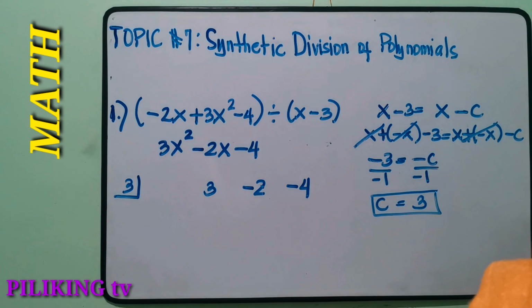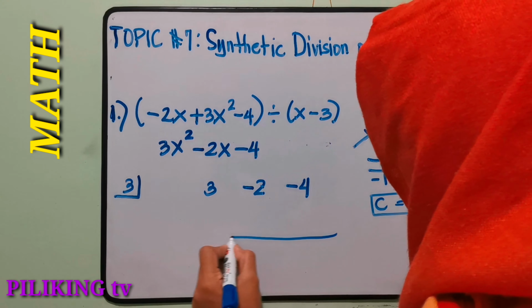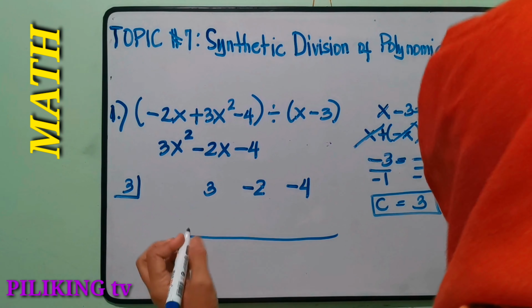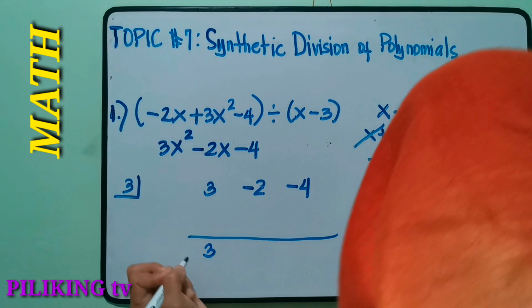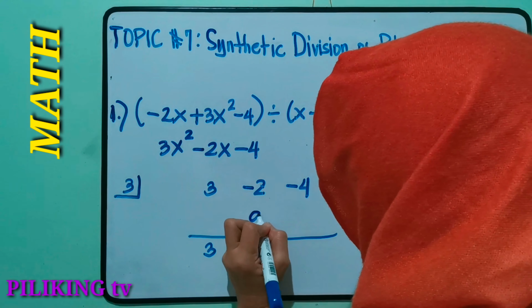Then what is the next step? Step 3: carry down the first number. Our first number is 3. You write the fractional bar and bring down 3. Then what's next? Multiply 3 to the test 0, which is positive 3, and add to the second column. So, 3 times 3 is positive 9.